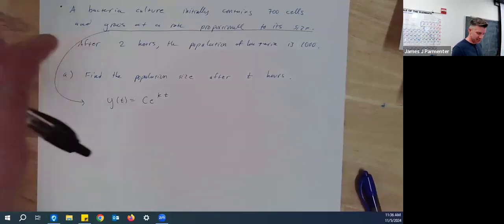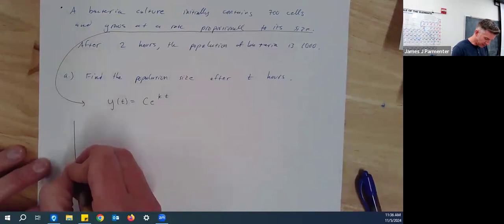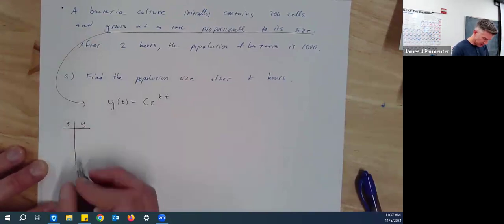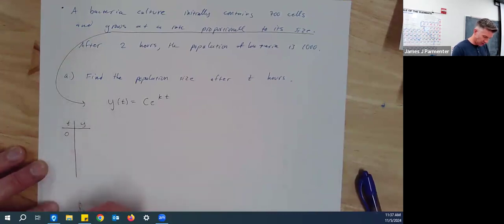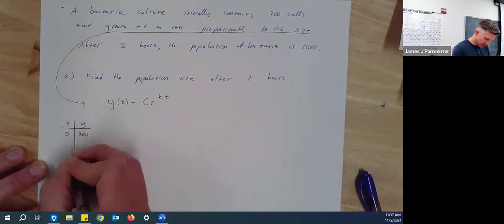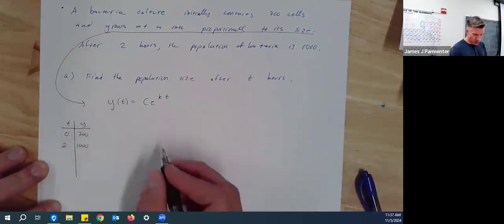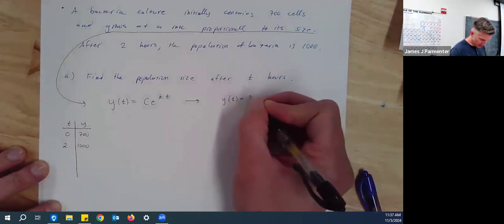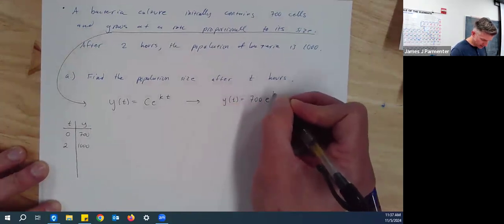Even though we know that, I still like to make a little table of times and amounts. At time 0, I have 700 cells. I know that 2 hours later I have 1,000 cells. So you could go straight to saying y of t is 700 e to the kt.